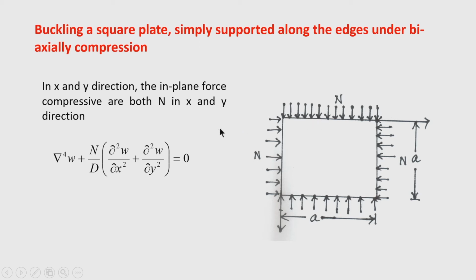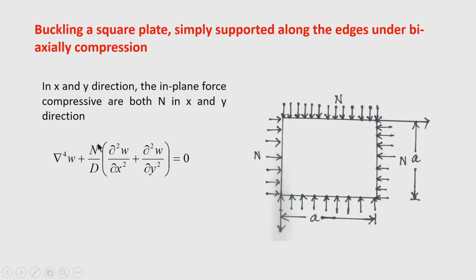So, therefore, the differential equation for buckling is now del 4 W plus N by D bracket del square W by del x square plus del square W by del y square equal to 0, because N x and N y are equal here.